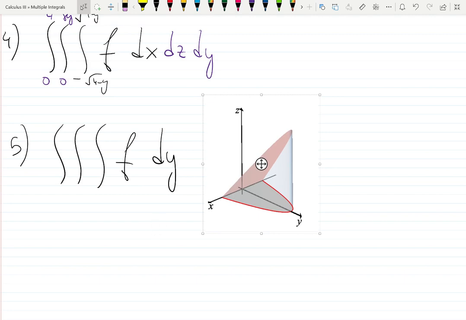What kind of functions do we have here? Let's review again. We have the z equals 8y plane. That will be important because now we can say in 3D y is my left to right direction.